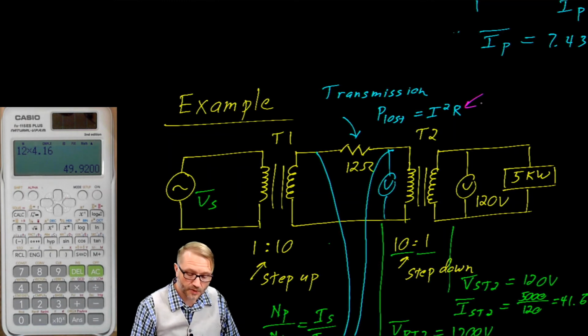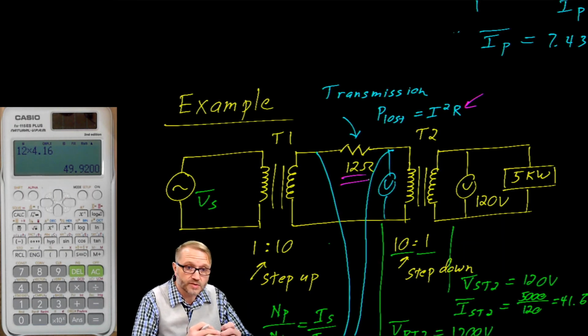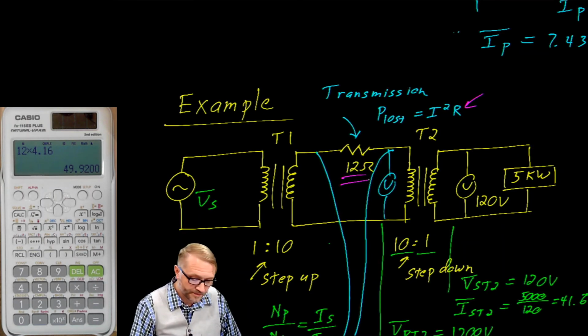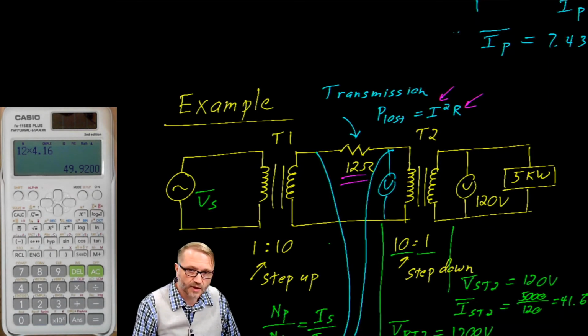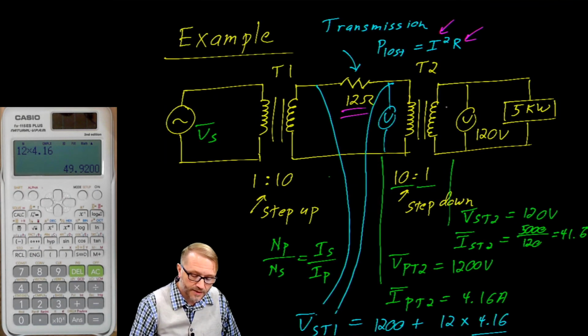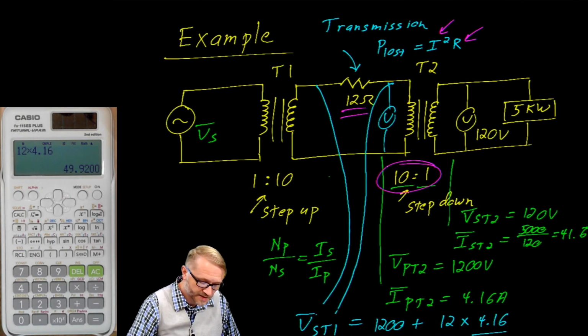You could lower the resistance, right? You could lower that resistance. But that's going to cost money because it means you need to build or use larger and larger cables. The other option, which has a more profound effect because it's a squared, is to lower the current. And how do you lower the current? You lower the current with a transformer.